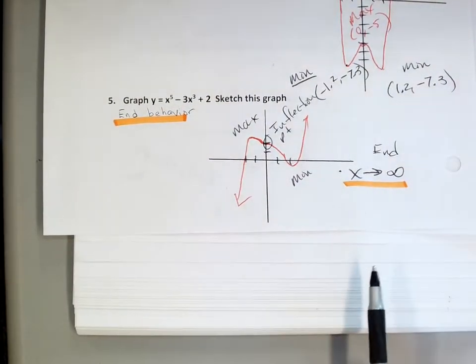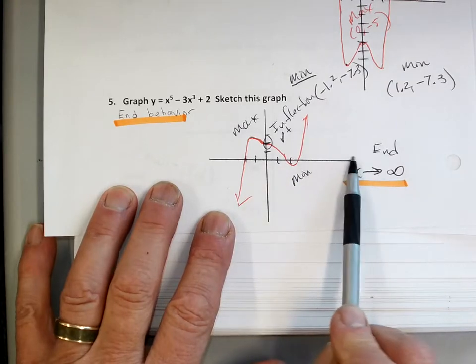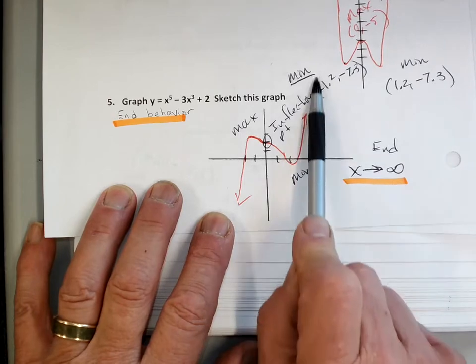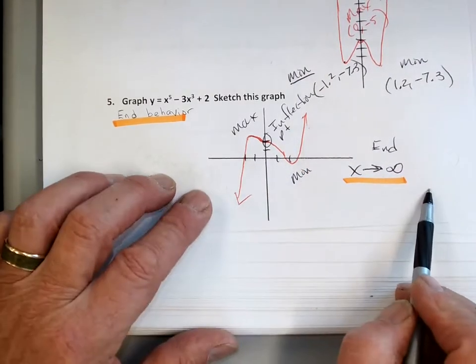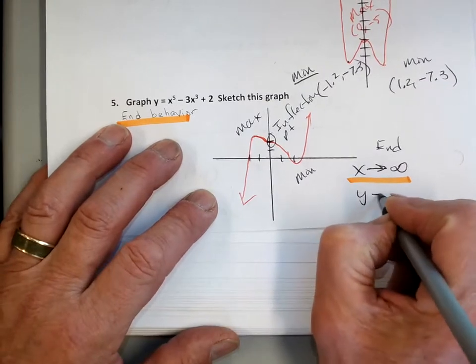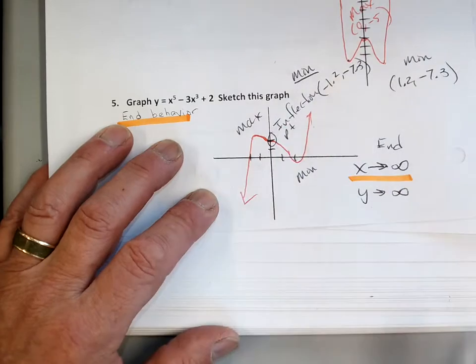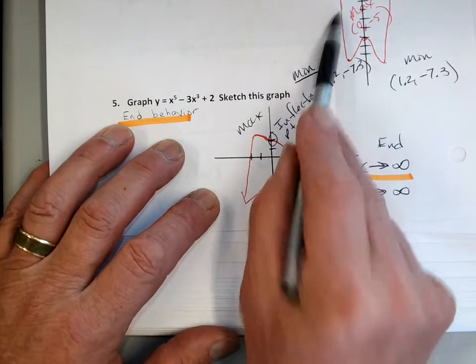Okay, so I want you both to just watch. As x heads to infinity, what's the graph doing? As x gets bigger and bigger, it's going off to infinity, isn't it? So as x heads to infinity, y is also heading to positive infinity, because y is going up, up, up to positive infinity, right?